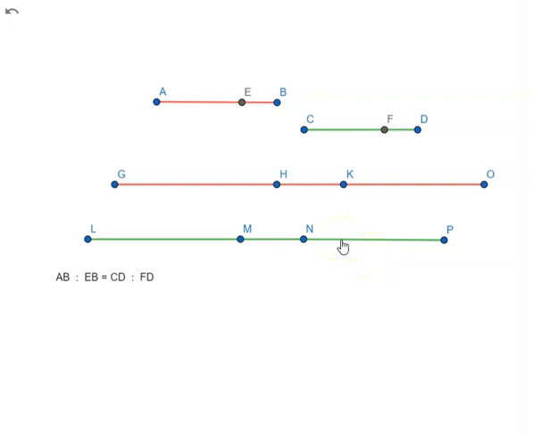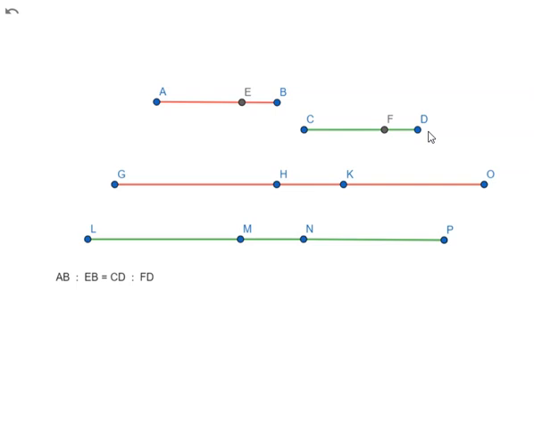So, based on definition 5.5, we can say that AE is to EB as CF is to FD, because GH is a multiple of AE, LM is a multiple of CF, KO is a multiple of EB, and NP is a multiple of FD. So we can say that AE is to EB is equal to CF is to FD.